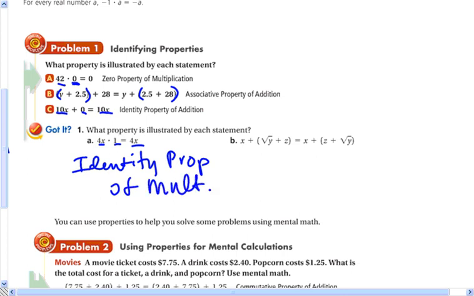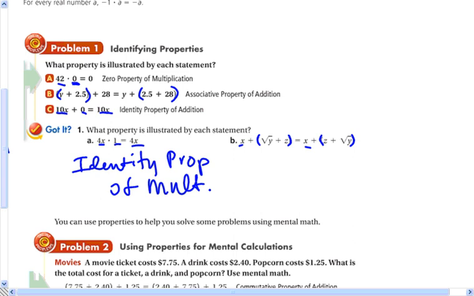I'm going to abbreviate some things here. Let's check out this next one here. This one appears like it has grouping symbols, but as you look more closely, the same two numbers being added in the parentheses remain the same, and x is still outside here.